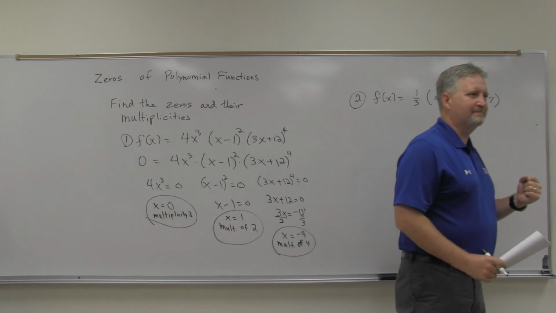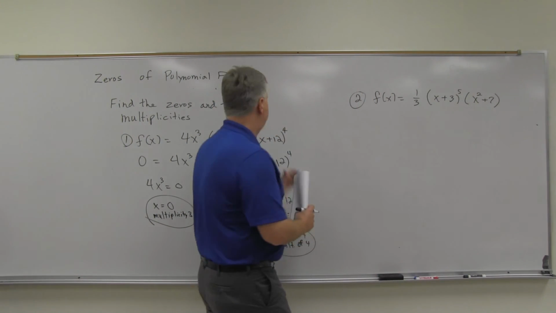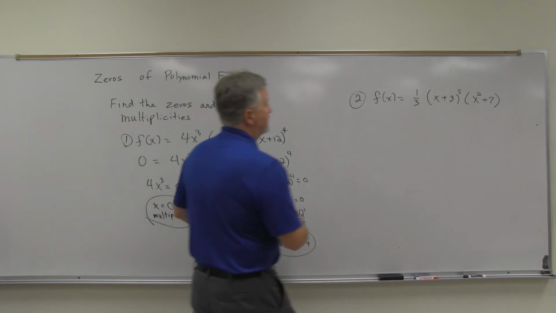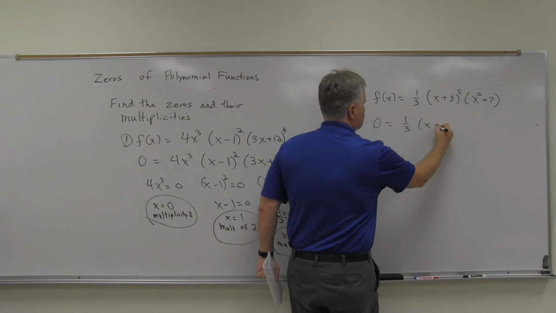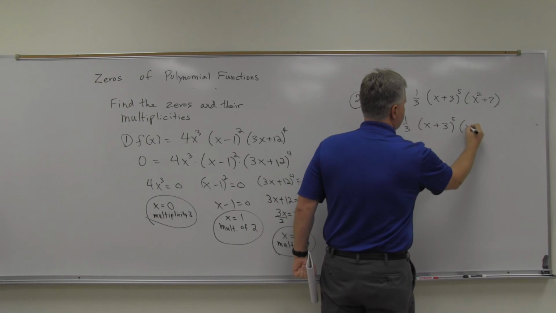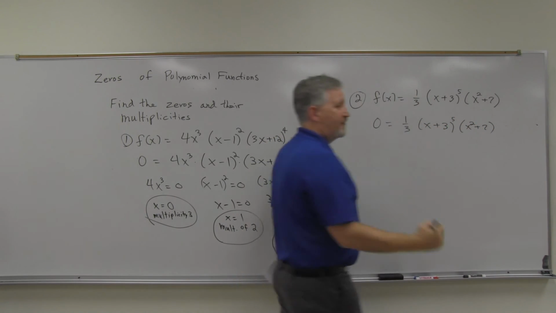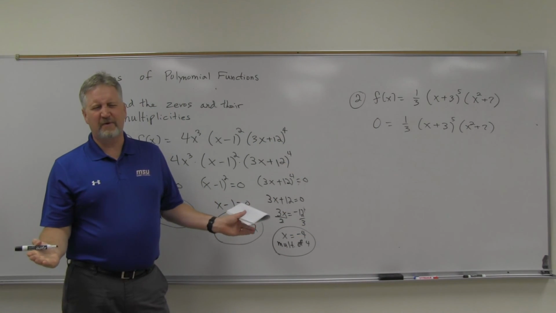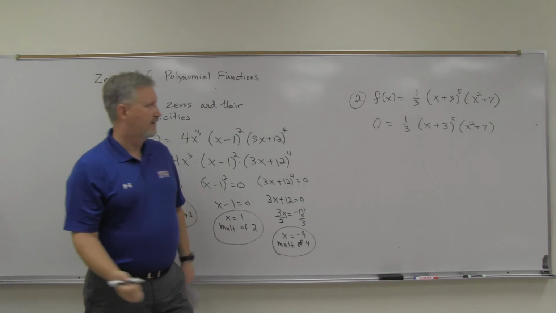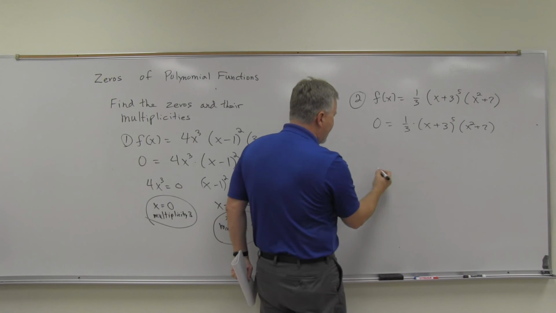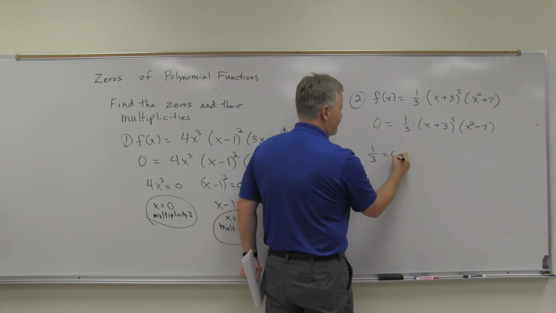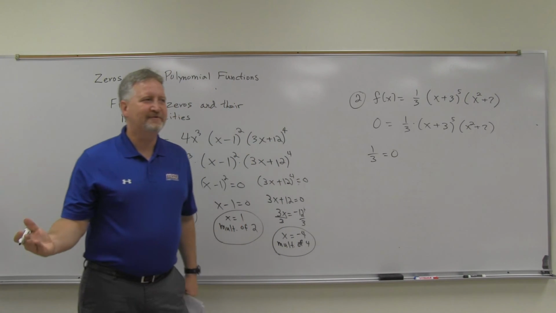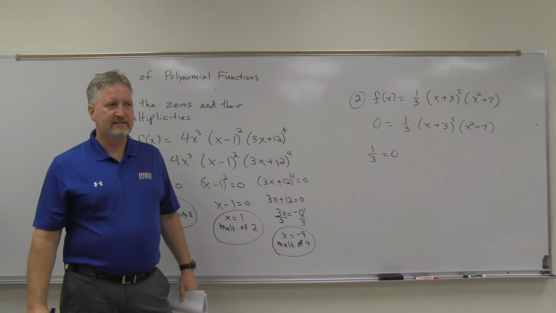First, we're trying to find the zeros and their multiplicities, and it's already factored. The first reason I mentioned this one is, what about that 1/3 there? If you want to be technical, we can set it equal to 0, but does that make any sense? No.